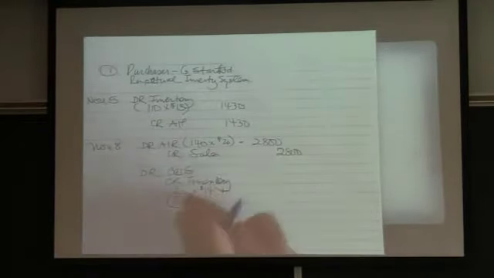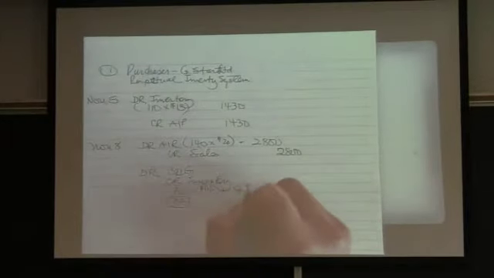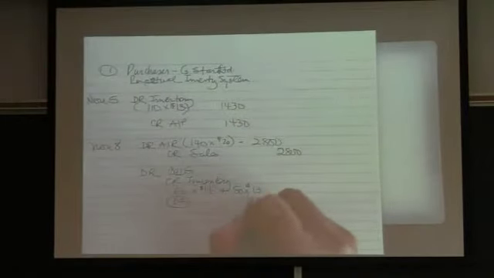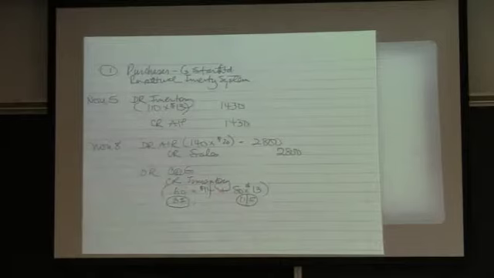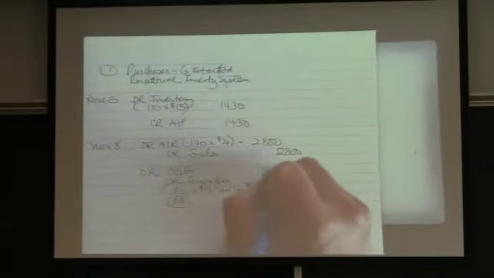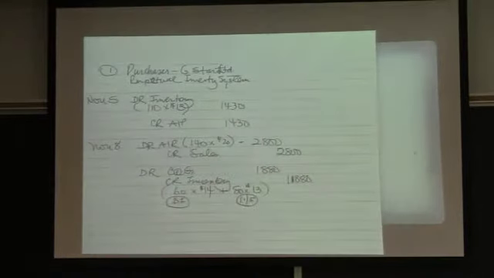Plus, the remaining 80 units, 140 less 60, must have come from the November 5th purchase. So under FIFO, we have to be mindful of the batches of purchases, where each came from, so that we can track the per unit cost. In this case, when we multiply that out, we get 1,880. Okay?